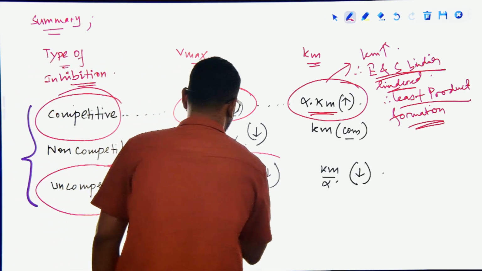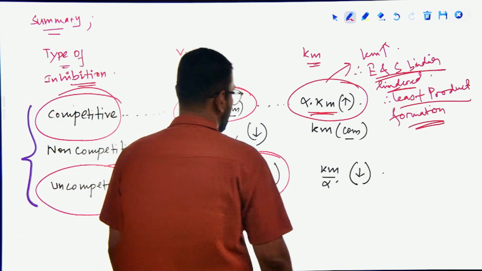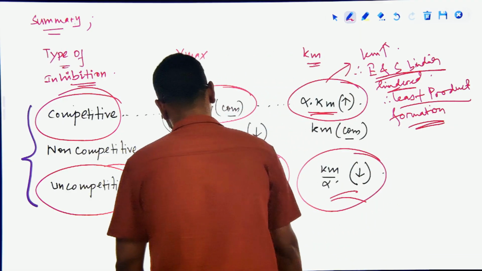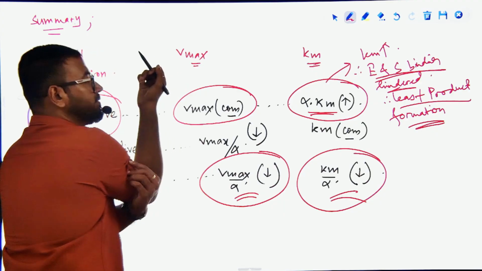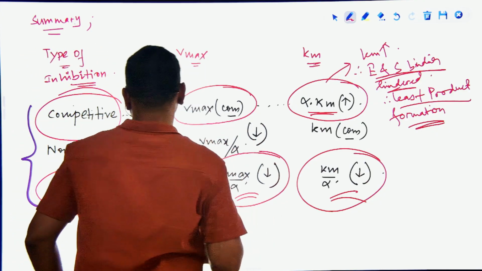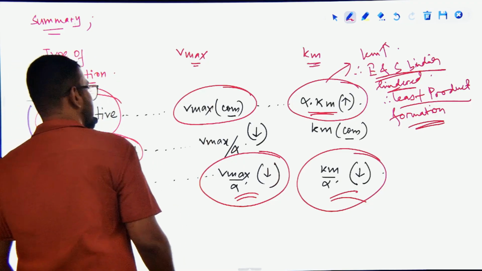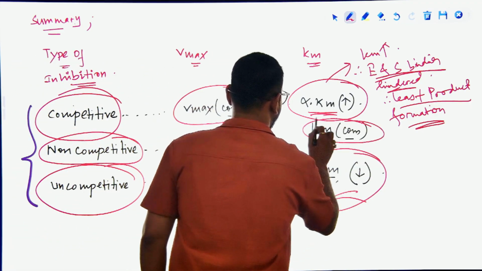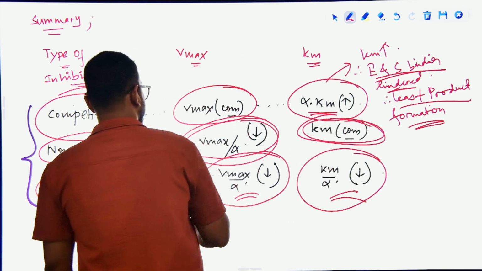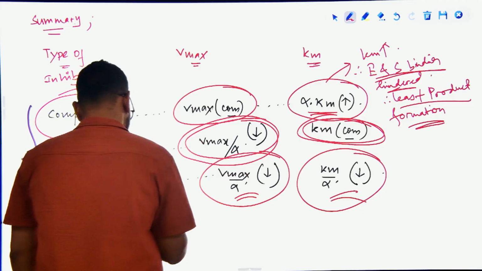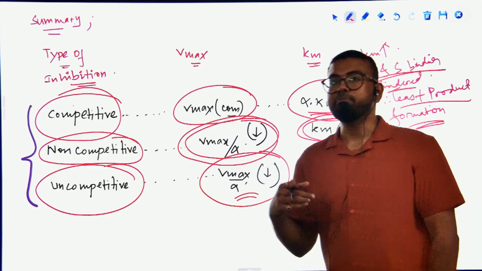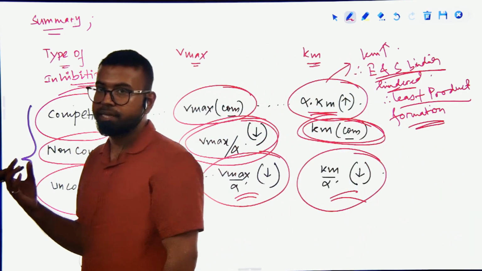Uncompetitive: Vmax is decreasing by a factor of alpha, and Km is also decreasing by a factor of alpha. Both are decreasing. When it comes to non-competitive, Km is constant, but Vmax is decreasing. So first we discussed uncompetitive, then competitive, then mixed. Mixed is something different, not a non-competitive type.